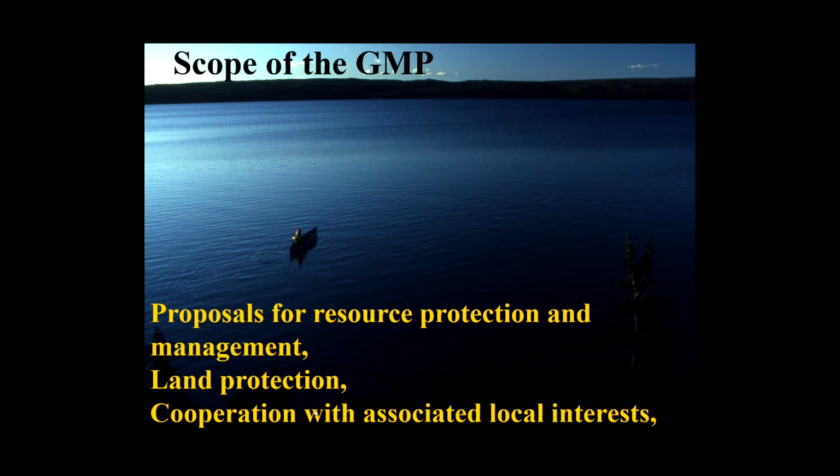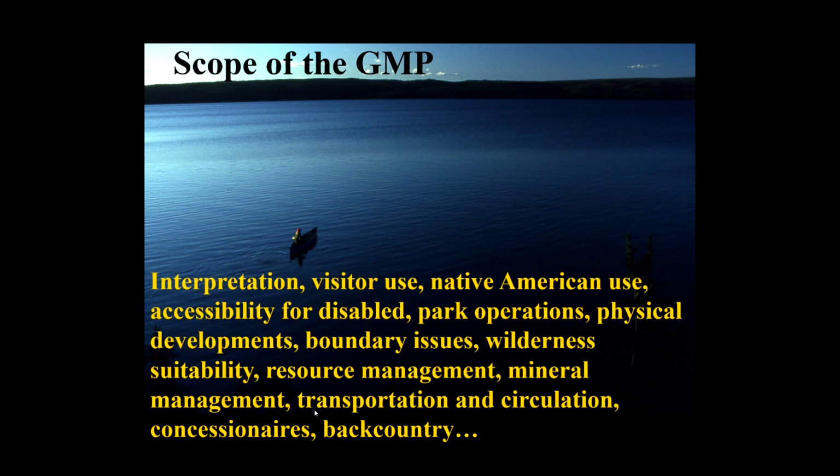There are often inholdings in our national parks of private property. There's going to be a section describing interpretation and the budget for the interpretation, the acceptable visitor uses, which you've already begun to see in the zoning, and special Native American uses.